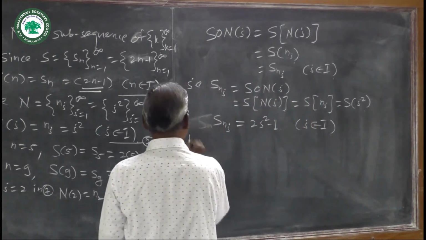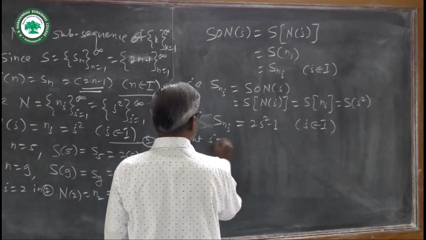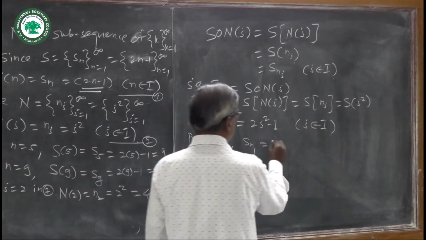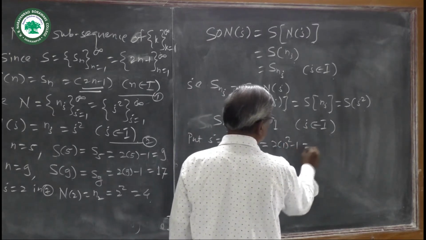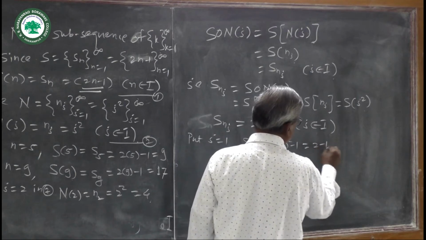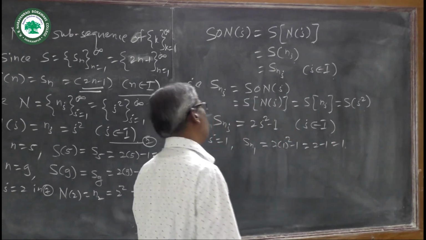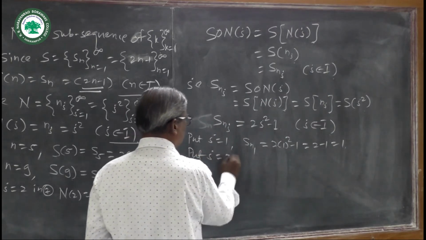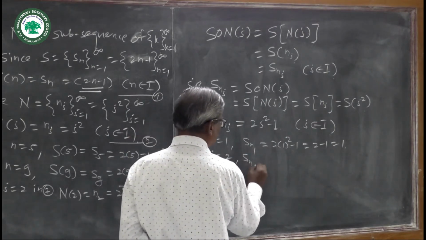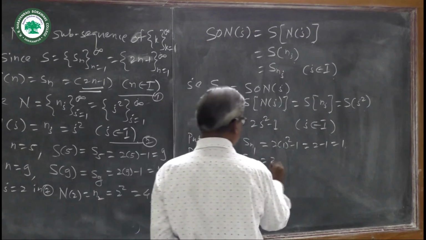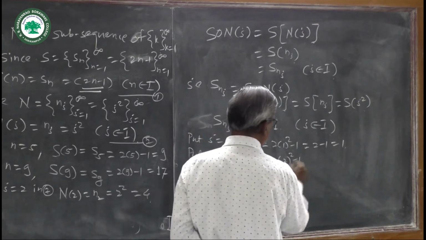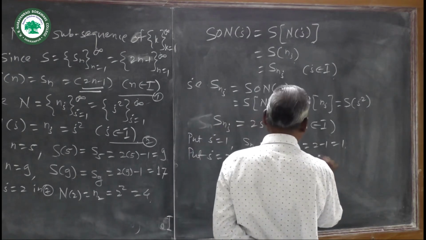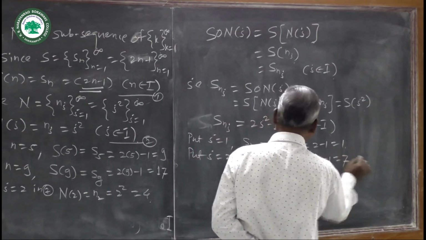Now we put i is equal to 1, we obtain s_{n_1}, which is equal to 2 into 1 square minus 1, which is equal to 2 minus 1 is equal to 1. This is the first term of the subsequence. Again put i is equal to 2, we obtain s_{n_2}, which is equal to 2 into 2 square minus 1. 2 square is 4, into 2 is 8, 8 minus 1 is equal to 7.